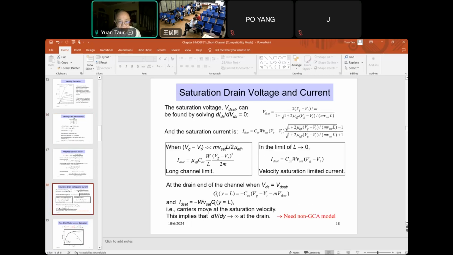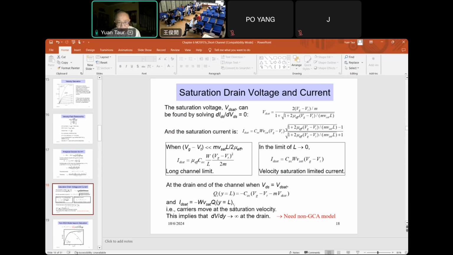So this means that at the drain, now notice that in the long channel case, we say it's pinch off, right? Pinch off, if Q_i goes to 0 at the drain, then the velocity goes to infinity, which means dV/dy goes to infinity. But for the velocity saturation case, Q_i at the drain is not 0, and so it's not pinch off.